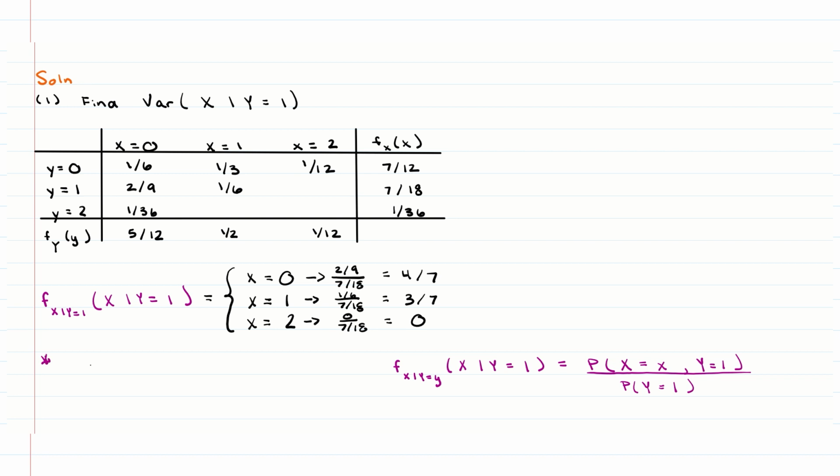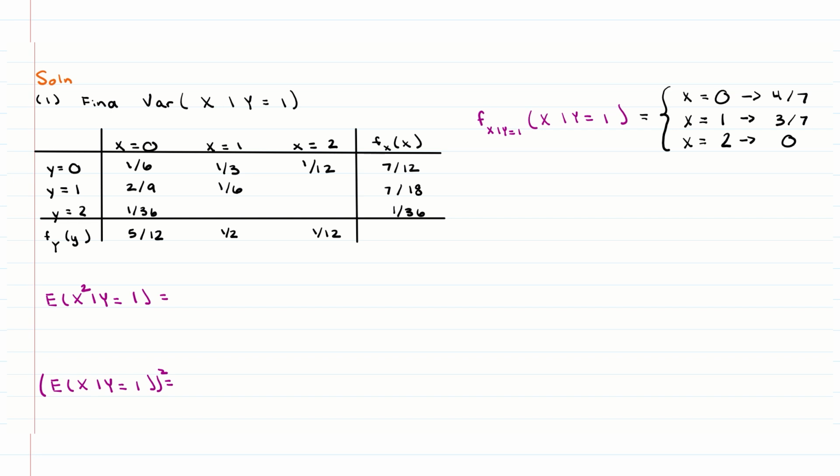So take note here that 4 over 7 plus 3 over 7 plus 0 just equals 7 over 7, which equals 1. So this is a valid PMF. If this did not equal 1, then this would be an invalid PMF and we could not move forward in this computation. So now that we found our valid conditional PMF, we can move on to find our conditional expectations.